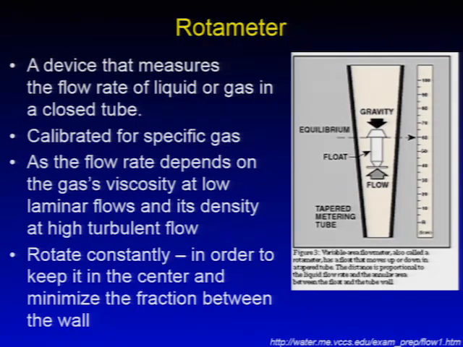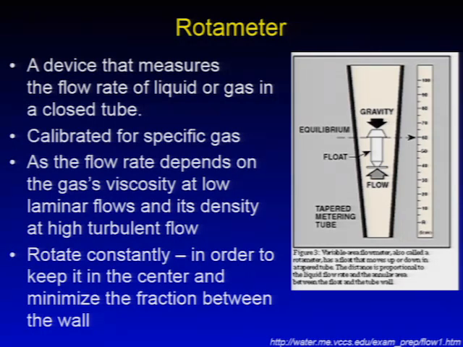So I'm moving on to the rotameter. As you can see, this rotameter is always used when you give the anesthetic. This is the device that measures the flow rate of liquid or gas in a closed tube. This rotameter has a calibration for the specific agent it is used with.